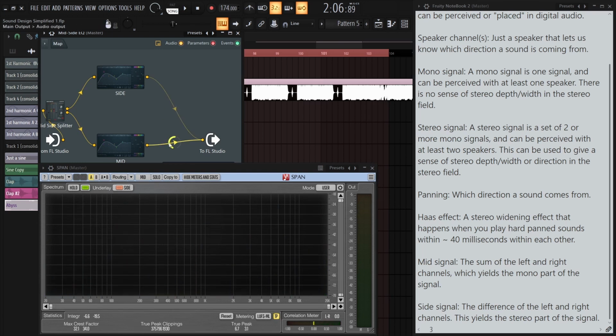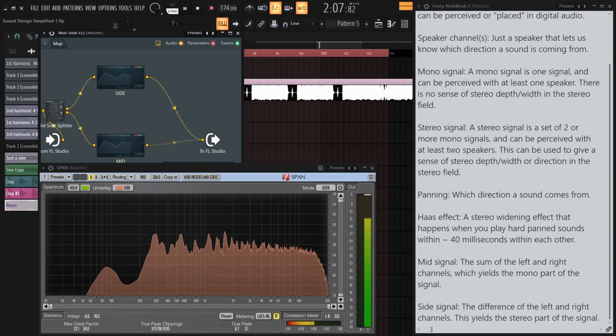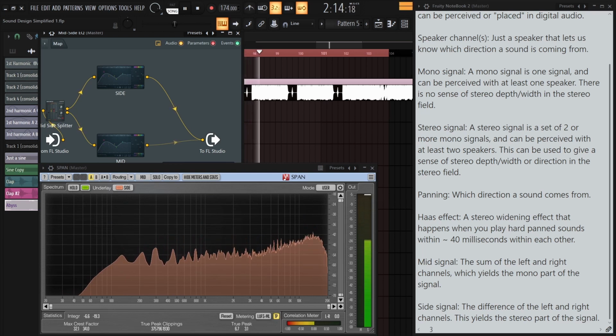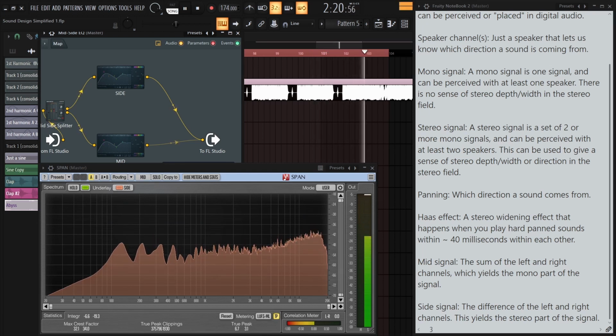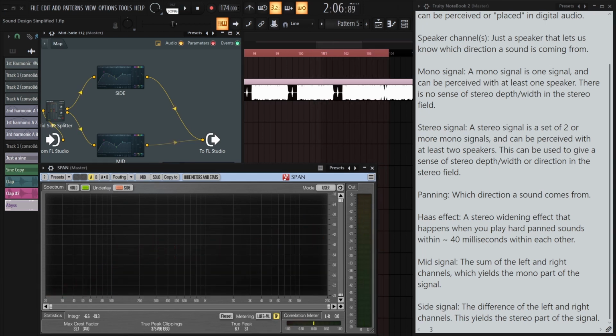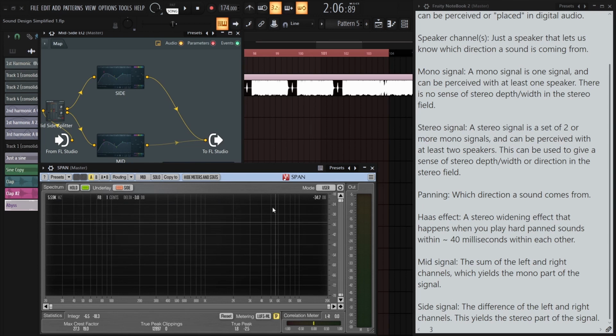So I'm going to turn off the mid signal and turn on only the side signal, and here's what that sounds like. If you didn't hear anything when I played the side signal only, then you're probably listening on a mono sound system. Here's what it sounds like when both the mid and side signals are playing.